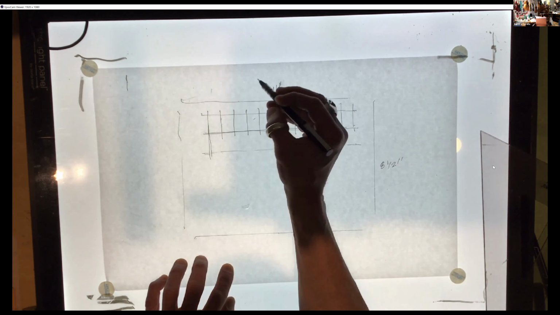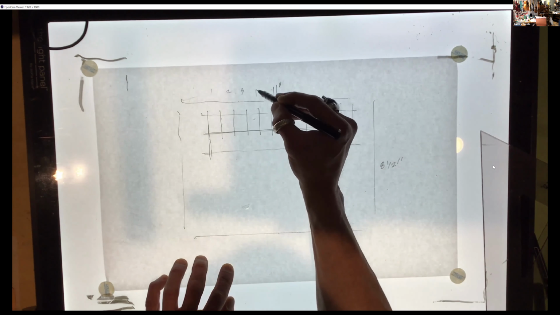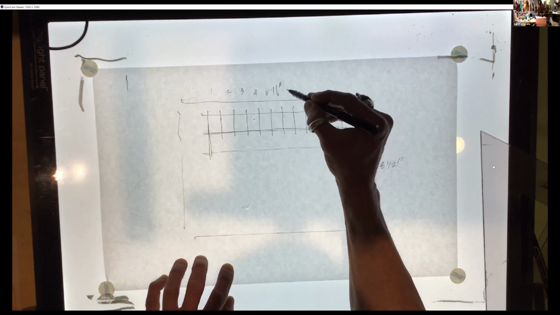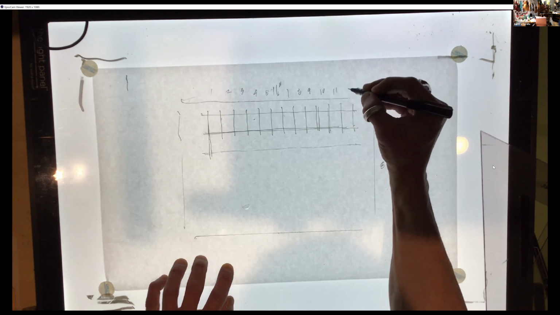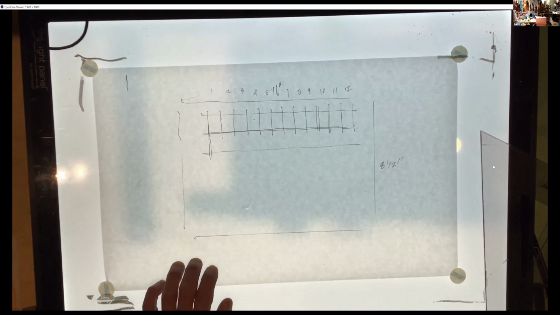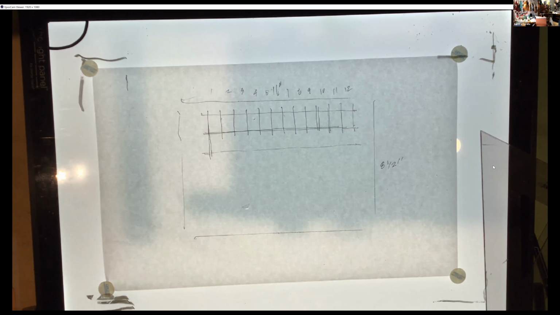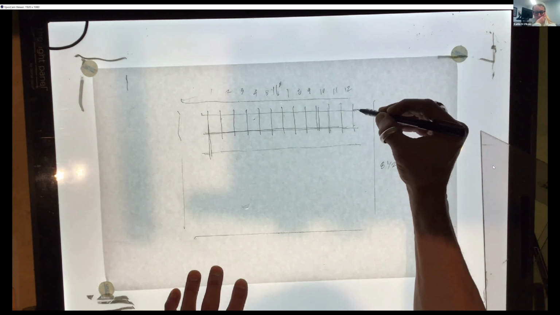Let me see. 1, 2, 4, 5, 6, 7, 8, 9, 10, 12. How many letters are there? 26? Yep. Thank you.